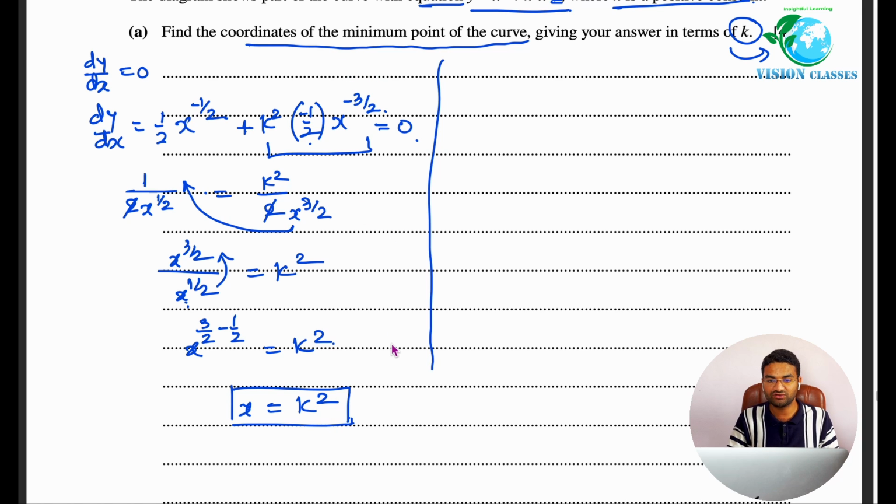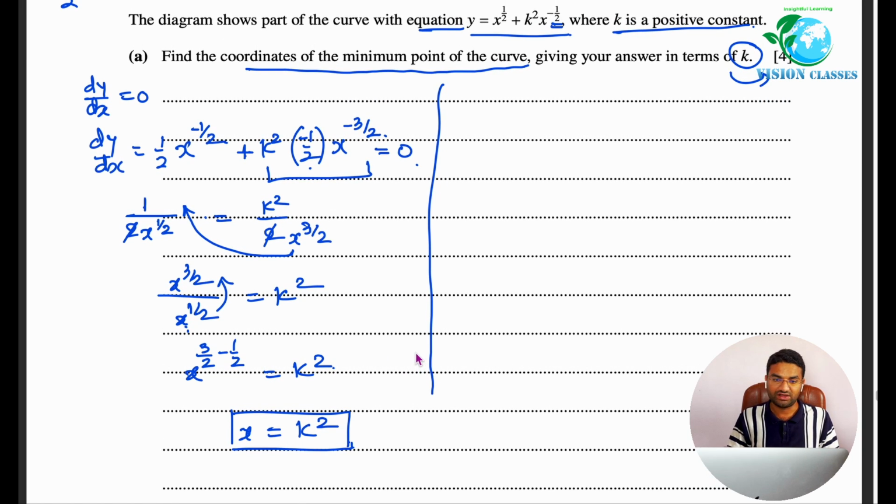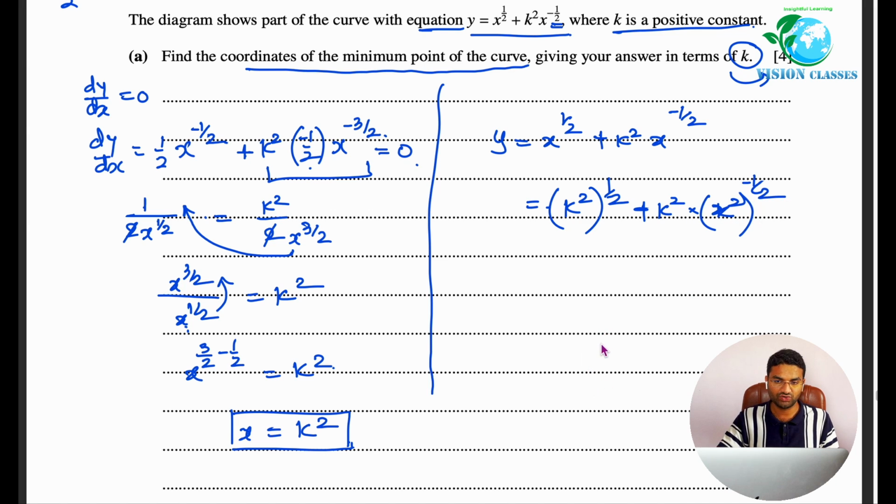Now you have to find the y value of the minimum point. So take the given equation y = x^(1/2) + k^2 x^(-1/2) and put this k^2 value in for x. So here (k^2)^(1/2) plus k^2 times (k^2)^(-1/2).